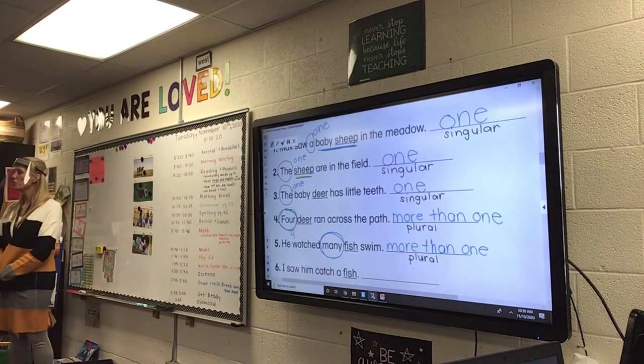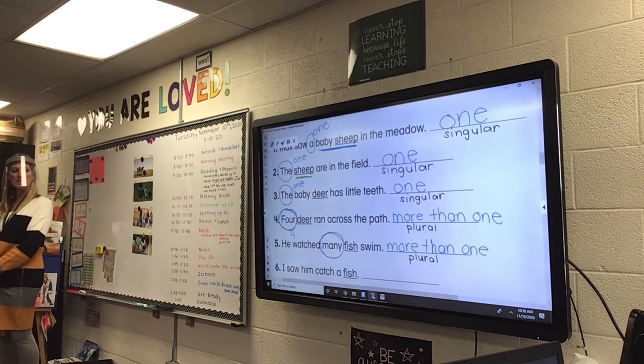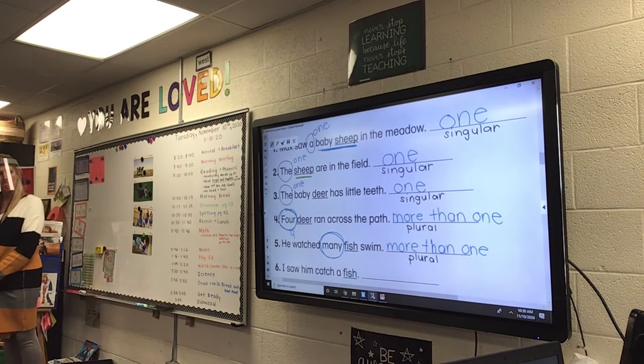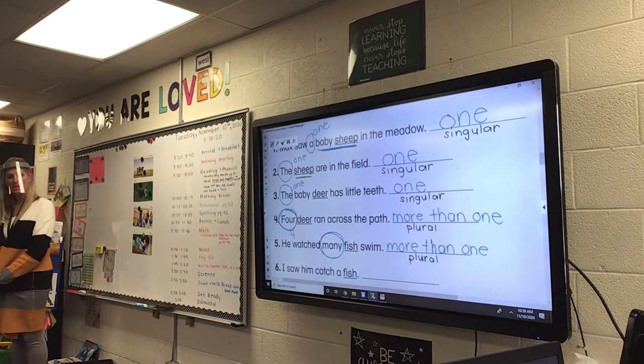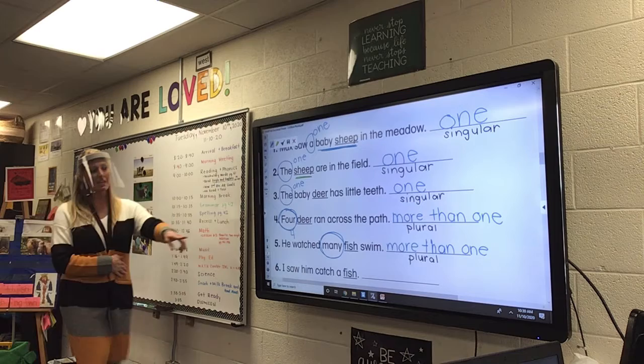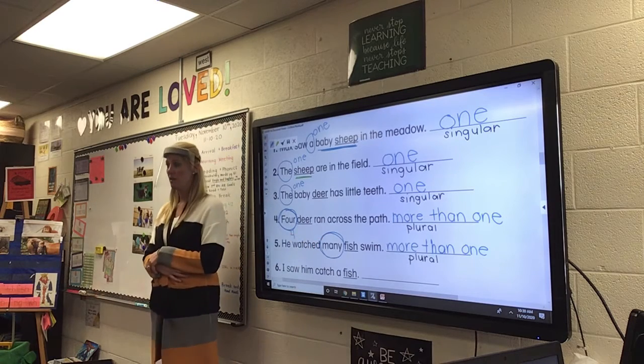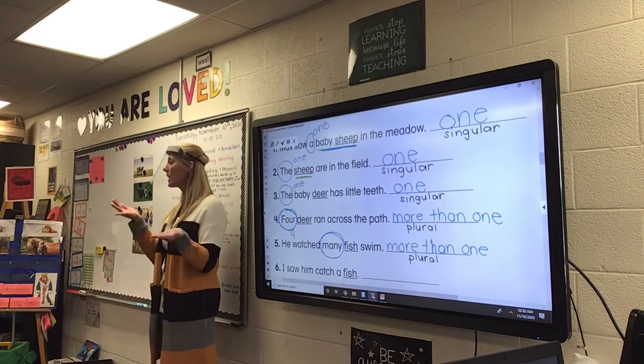You can look at the other one. Kaden, would you read number 6? I saw him catch a fish. Good job, Kaden. Now, again, we have fish, just like on this one. But fish could be singular or it could be plural.